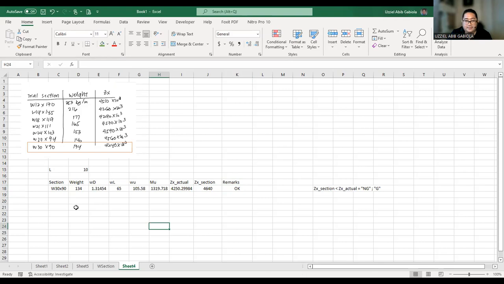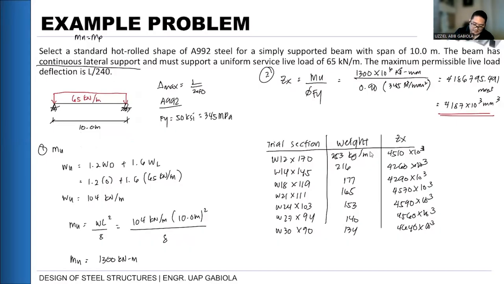Okay? Next is to consider yung shear natin. Okay? So going back sa slide natin. So, based doon sa Excel, therefore, W30 by 90 is adequate for flexure.